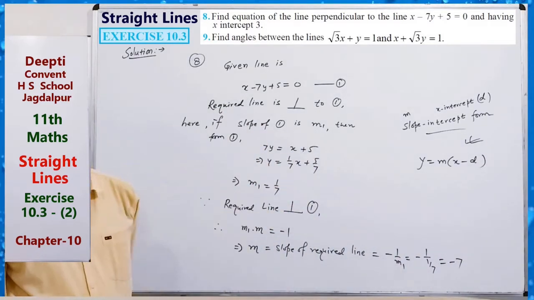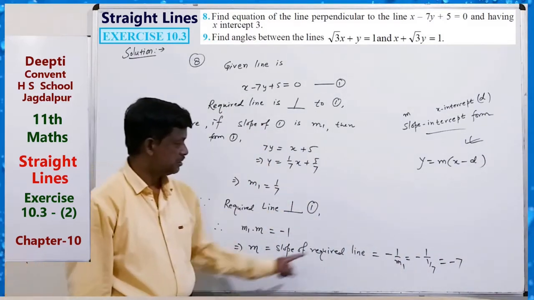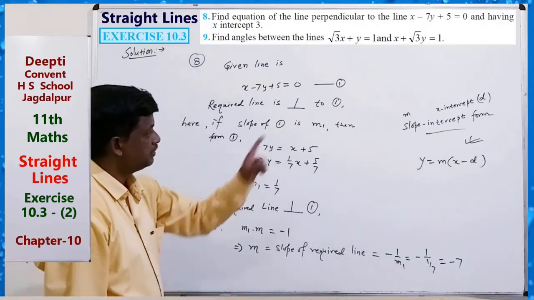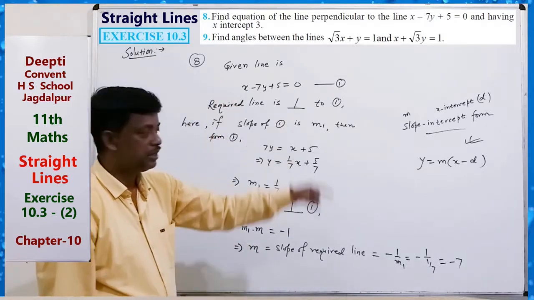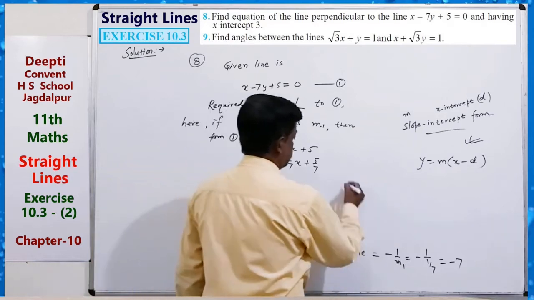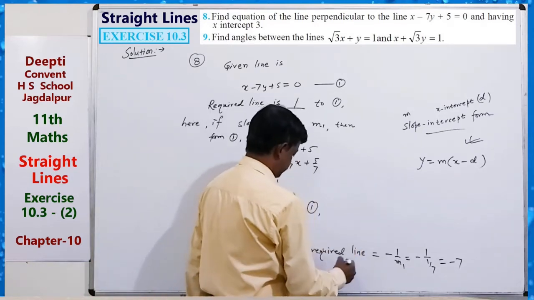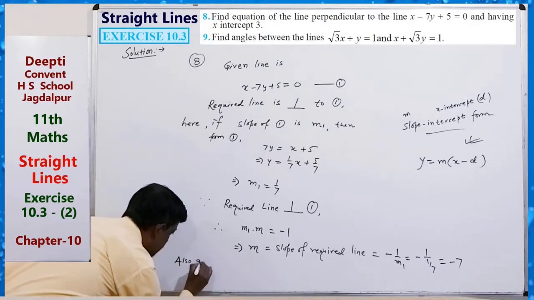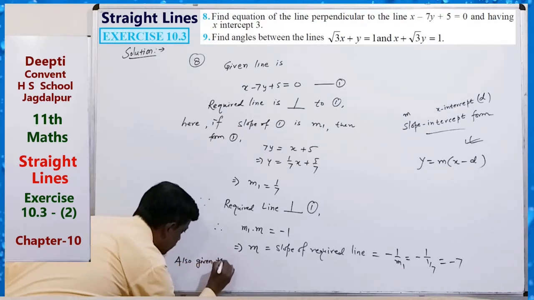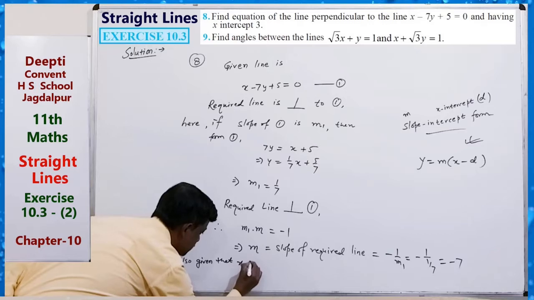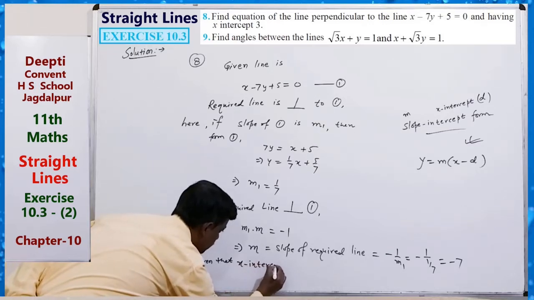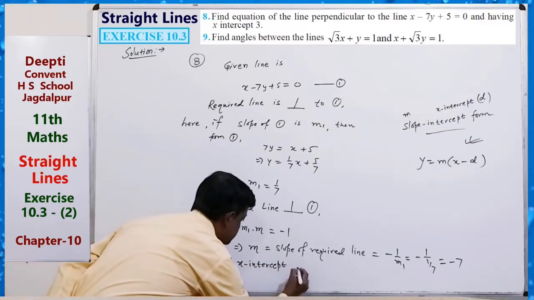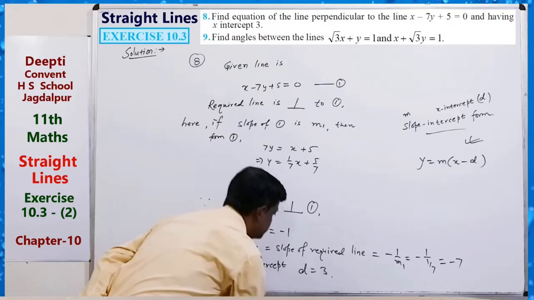This is for the x-intercept. So here slope is -7. Also given that x-intercept d is equal to 3.